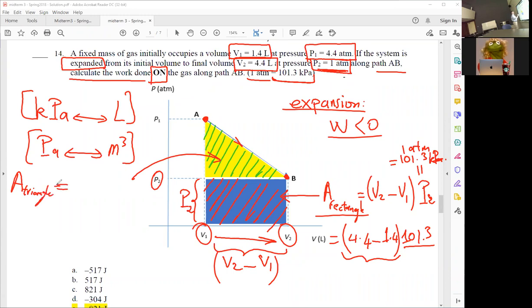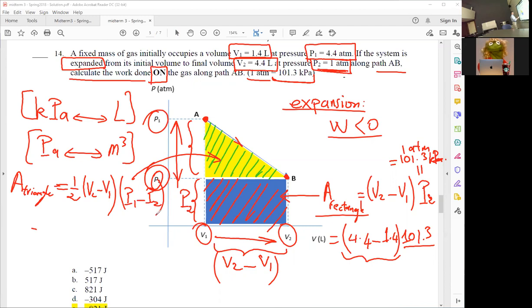A triangle equals 1/2. Now it's the base, same thing, V2 minus V1, it's the base, times the height. Now you see the height is going to be P1, the highest value, minus P2, which is the lowest value. It will give you then the height of this triangle. So that will be P1 minus P2.